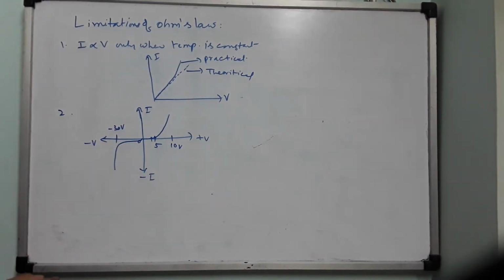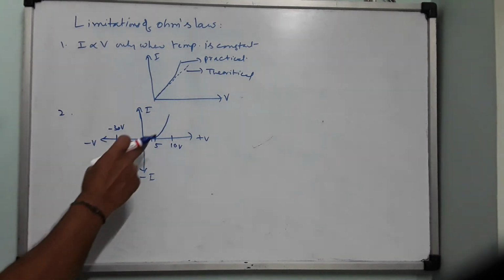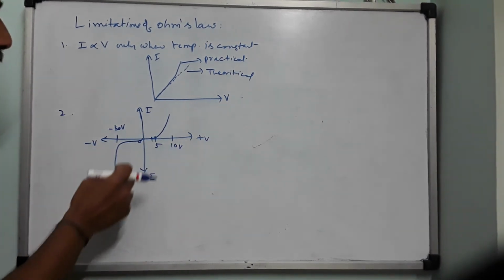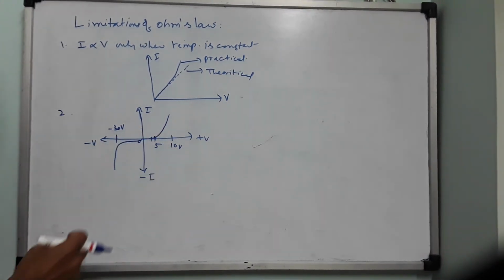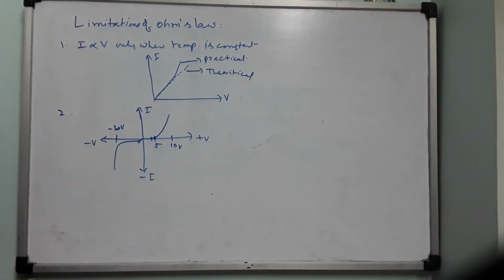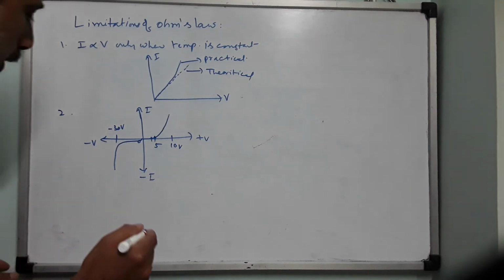That means if Ohm's law is valid, then for all signs, whether positive or negative, I and V should be related in the same sense. But that will not happen. This is the other limitation. So what do you write about this other limitation?